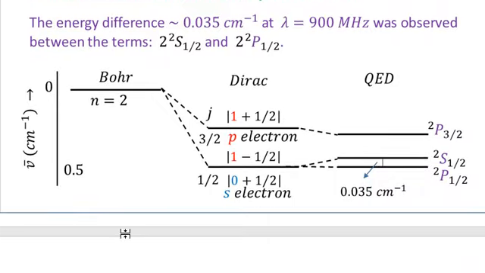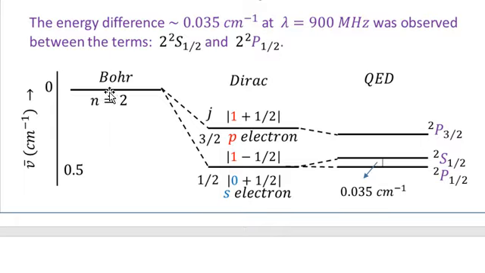So now this is what I have shown. On the left hand side, I have plotted the wave numbers in centimeter inverse, and on the right hand side I am showing the splitting. So one is the Bohr splitting for the n equal to 2 state, and you know that there is only one level according to Bohr, because the energy in the Bohr level depends only on the principal quantum number n.